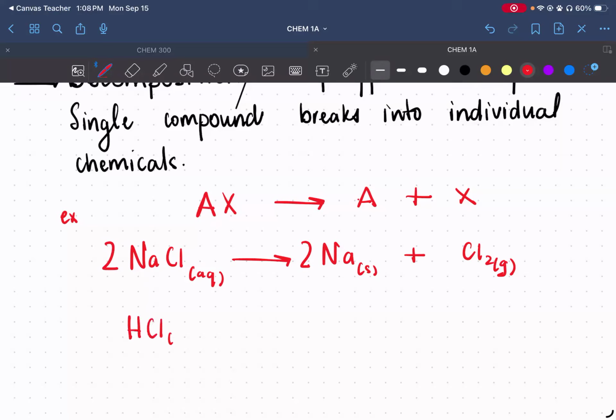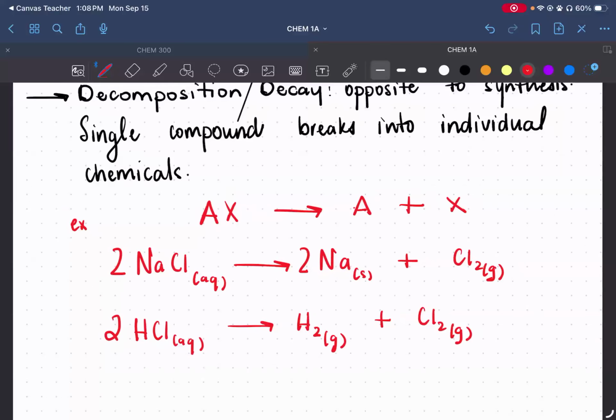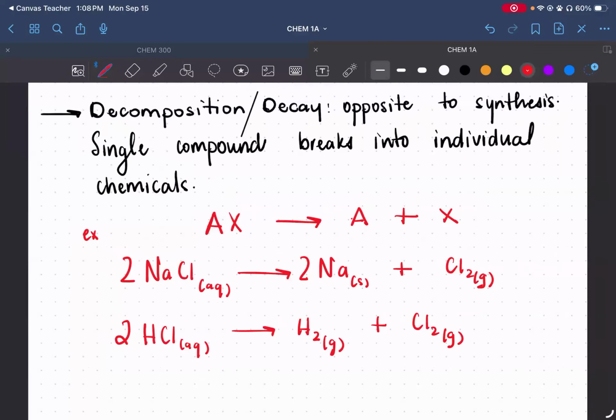Where HCl breaks down into H2 gas and chlorine gas. To balance it, put a 2 in front of the HCl. That's decomposition/decay.